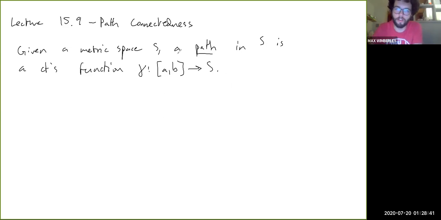Those are examples of paths. So you can define a path for an arbitrary metric space.